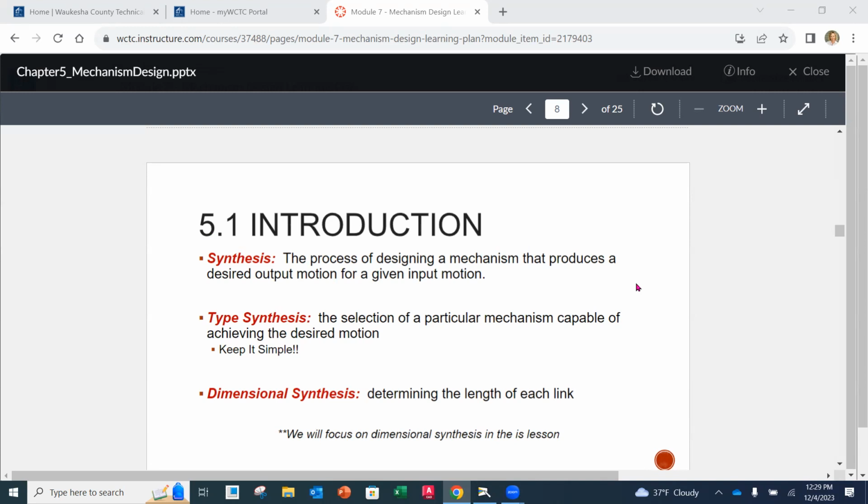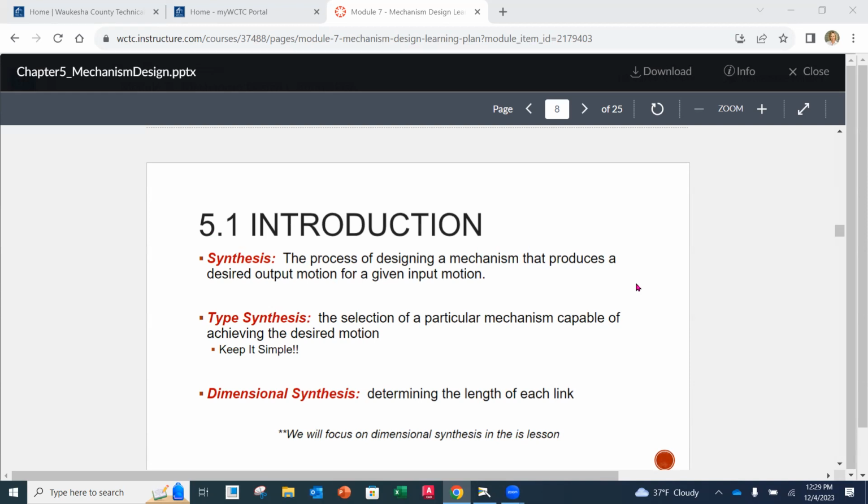Now, type synthesis is going to be selecting the mechanism that's capable of achieving the desired motion. So for instance, if I need oscillating motion, kind of like a rocker, I'm not going to choose a slider crank for that. Okay. So understanding what the output motion is going to be relative to the input starts to identify for us the type of mechanism that we're going to target for this application.